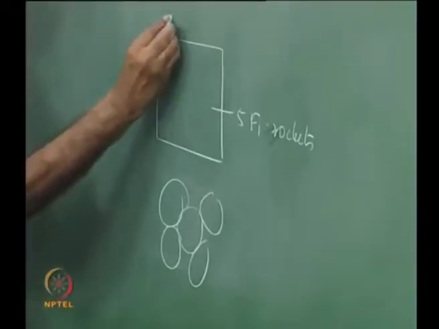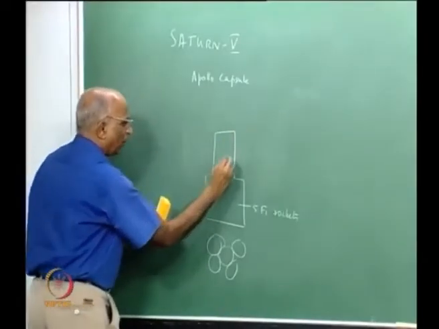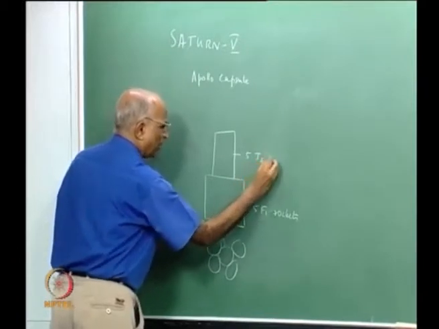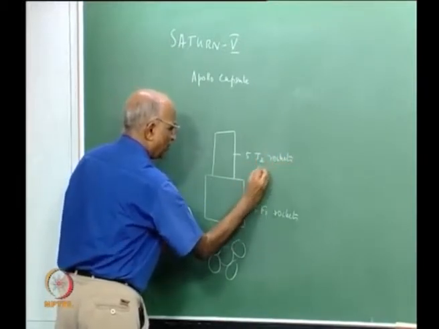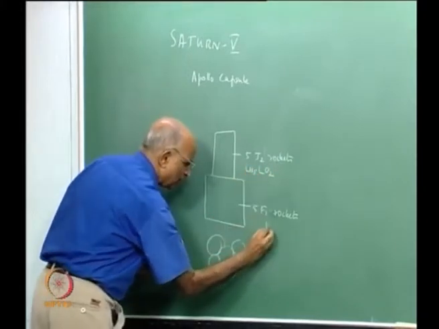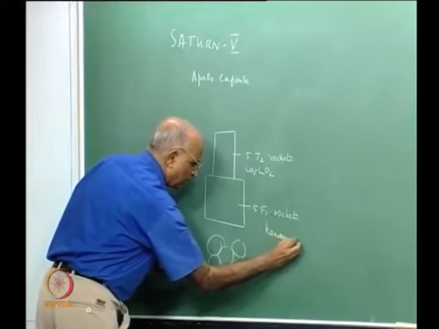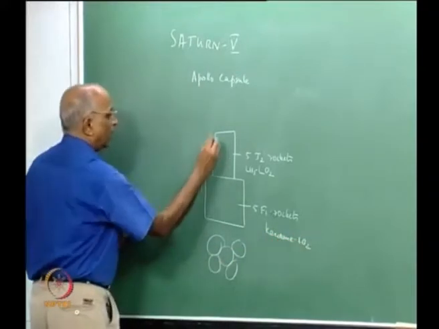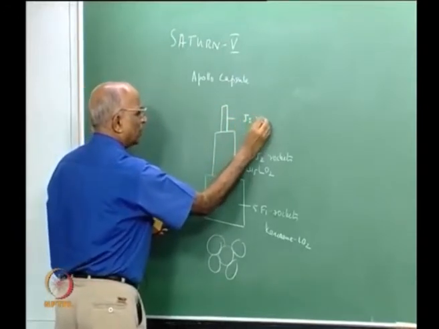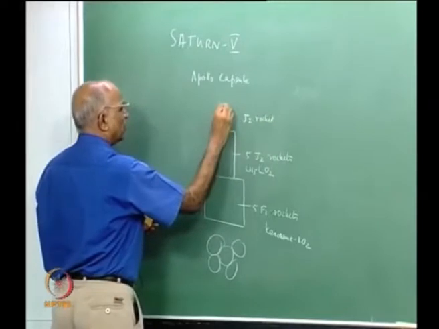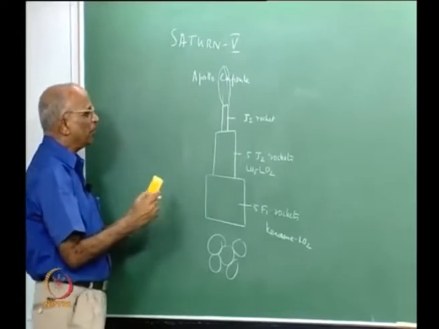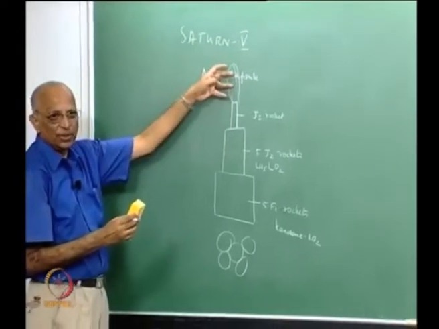The second stage similarly consists of a cluster of 5 J2 rockets. These are all names of the rocket, and the J2 rocket uses liquid oxygen and liquid hydrogen as fuel. The first stage uses kerosene and liquid oxygen as fuel, and on the third stage you have a single J2 rocket, and on top of this sits your Apollo capsule, where the 3 people who travel to the moon sit.